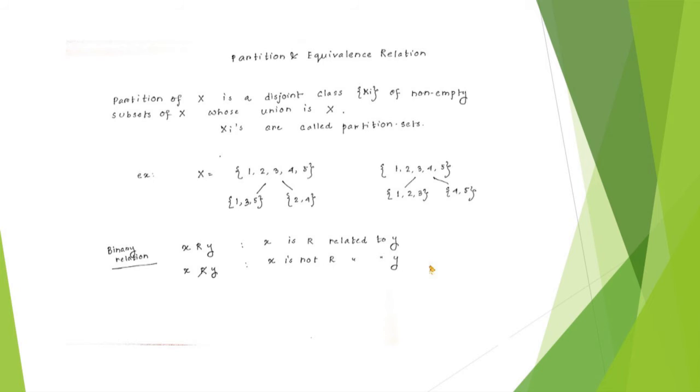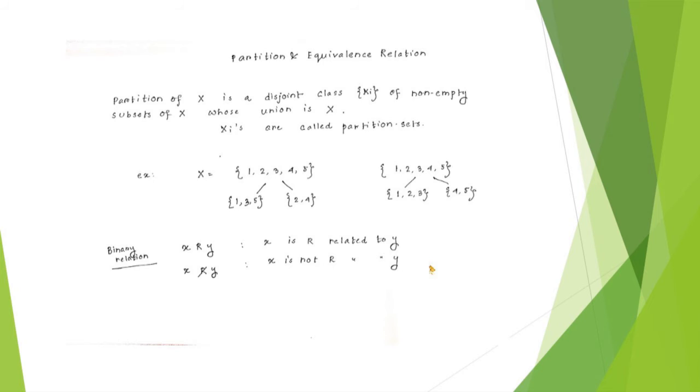So for example, we can take the set capital X as a set containing the integers 1, 2, 3, 4, 5. The 5 elements are there. We have given two ways of taking partitions, where you can see how to partition the set X in two ways.